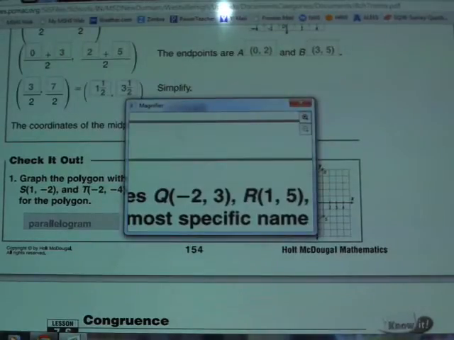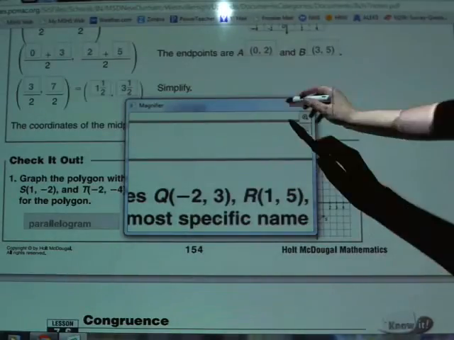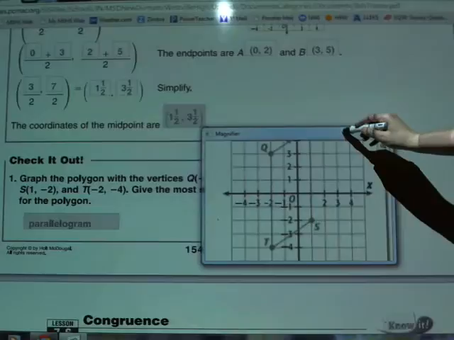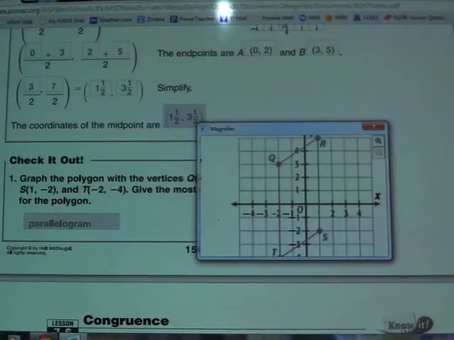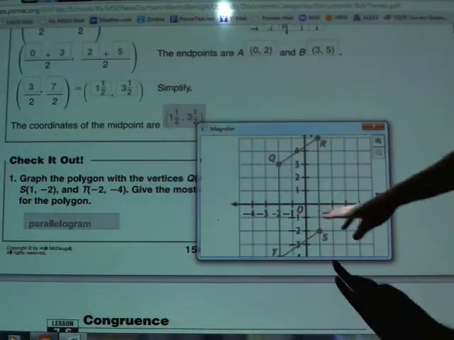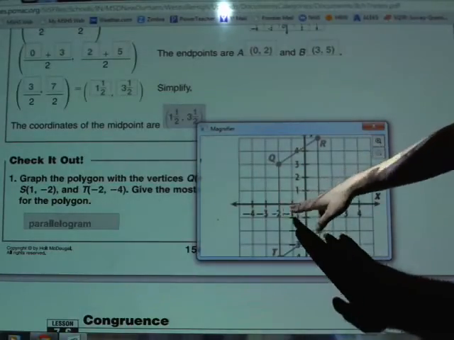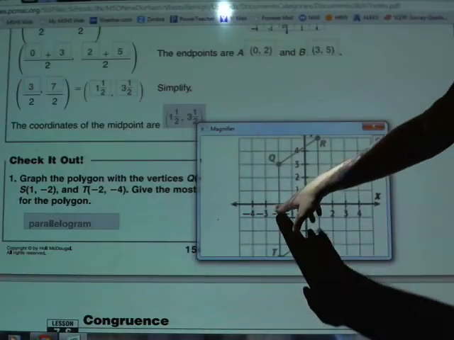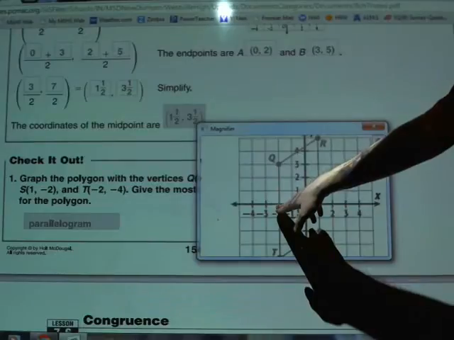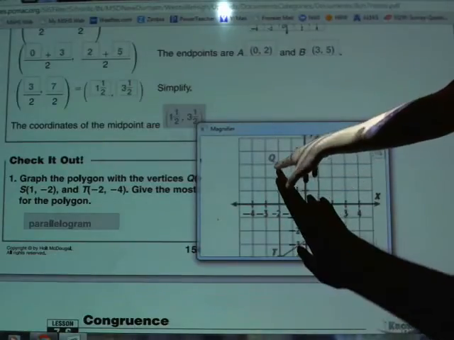Okay, so let's blow this coordinate grid up a little bit here so we can hopefully see everything. Okay, so we started off when they gave us point Q, which was at (-2, 3). So remember, the first number is an x-axis number, so I'm going to go left to negative 2, and then since the second number is 3, I'm going to go up to 3 and put a point.